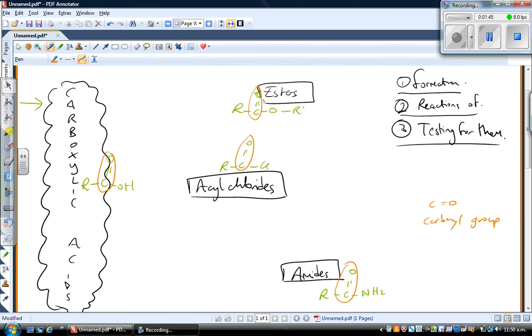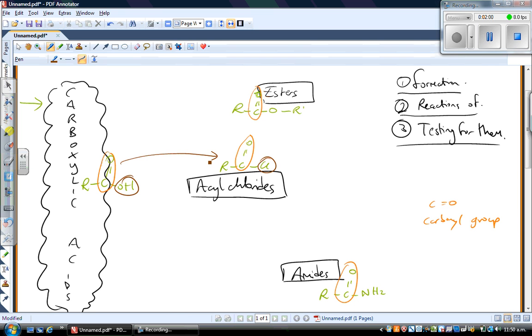So if we take a look at how you get from carboxylic acids to acyl chlorides, the main group which is different is the fact that the carboxylic acid has the OH group, whereas an acyl chloride has the chlorine.